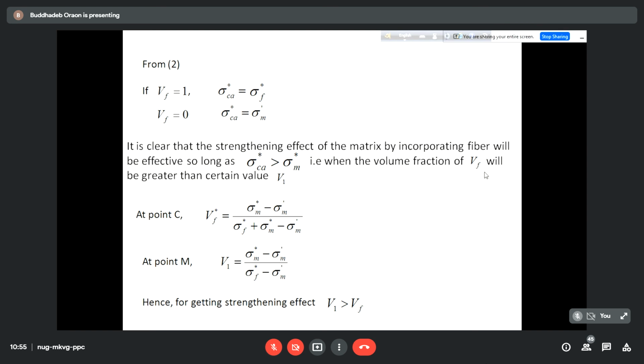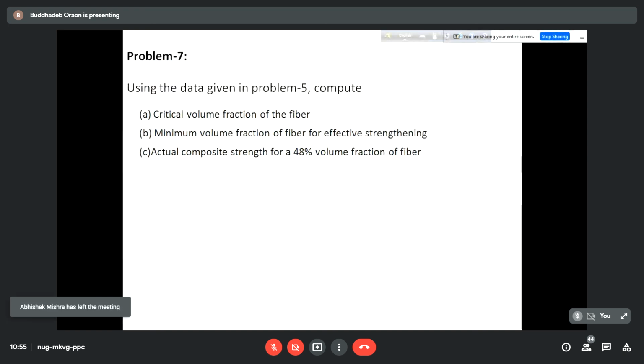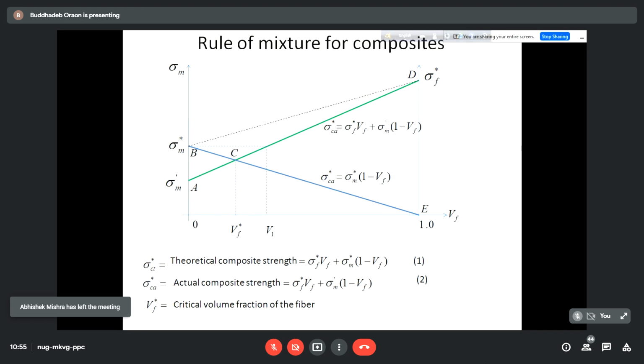So when the volume fraction Vf is greater than a certain value V1. At point C, we can find out what will be the value of Vf. This is sometimes denoted when this line and this line intersect.